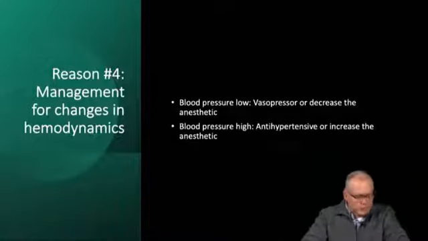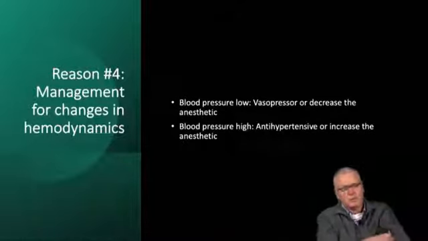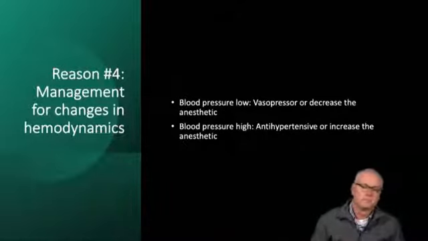But if the pressure is low and the processed EEG index is also low, say a BIS of 15 or 20, then you're more likely to want to turn the anesthetic down because you're probably overdoing it.